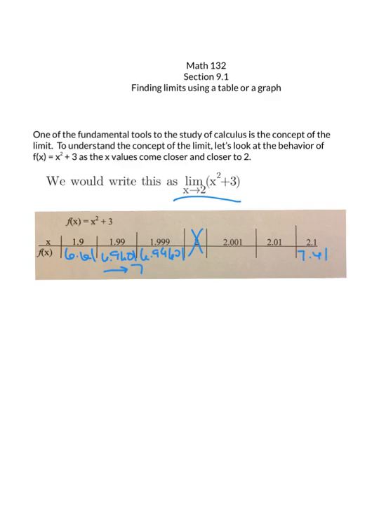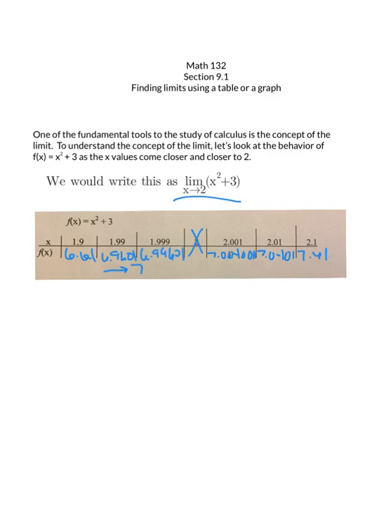If we put 2.01 into this function and find out what it equals, we will get 7.0401 as our answer. And by putting in 2.001 into the function of x squared plus 3, we get 7.004001.